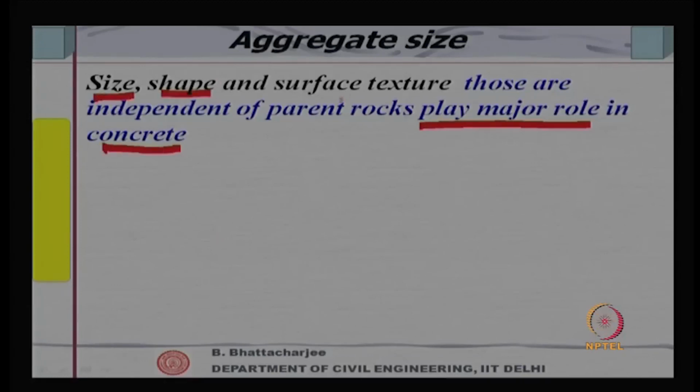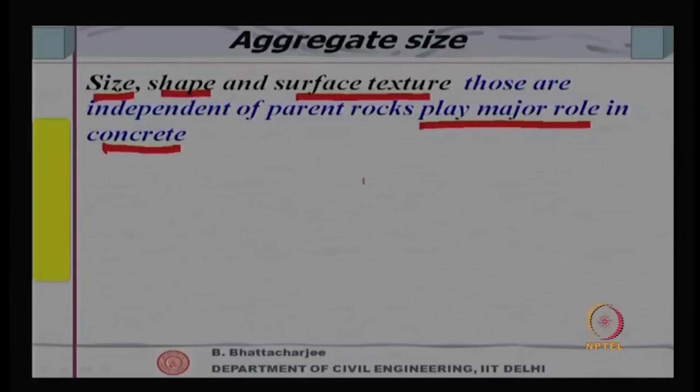The thermal properties, porosity, chemical composition and mineralogical composition will be the same as the original parent rock itself. But once you get them into appropriate size after crushing, or if they are natural, the shape and size have a very strong role, and surface structure of course has a very strong role in concrete.